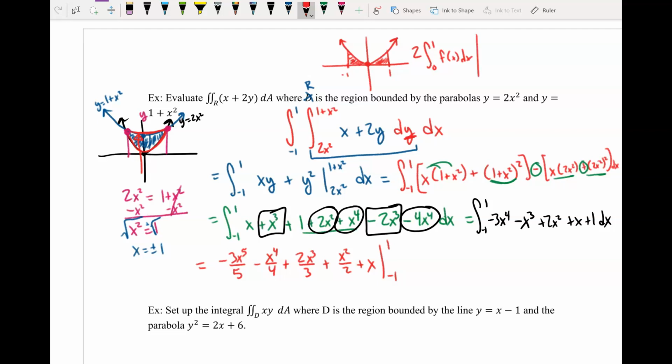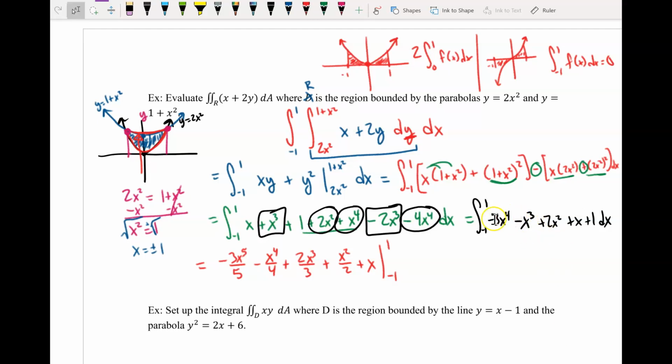And if you have something that's an odd function, like x cubed, which looks kind of like that, and you're going from -1 to 1, we know that the area is just going to go to 0. So the integral from -1 to 1 of that function is 0. You can use that to help you, because you know those things are going to go away.